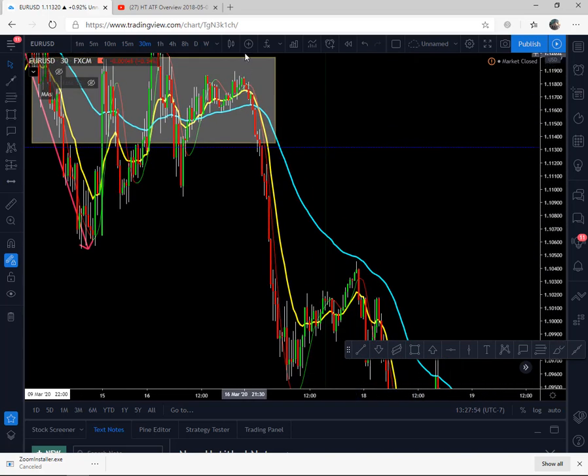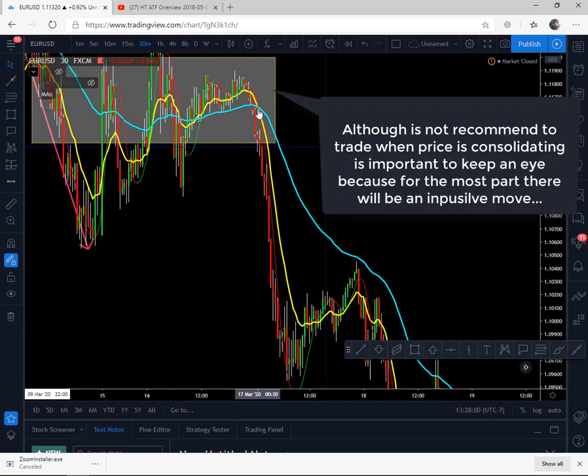So after that, price decided to head down from that 13 62 cross.